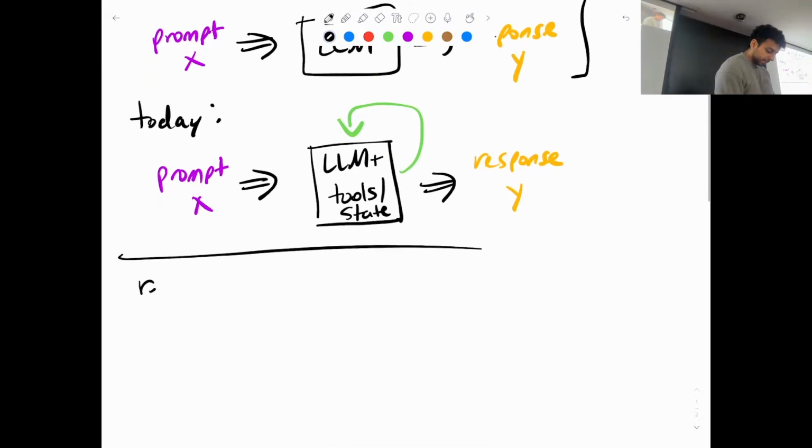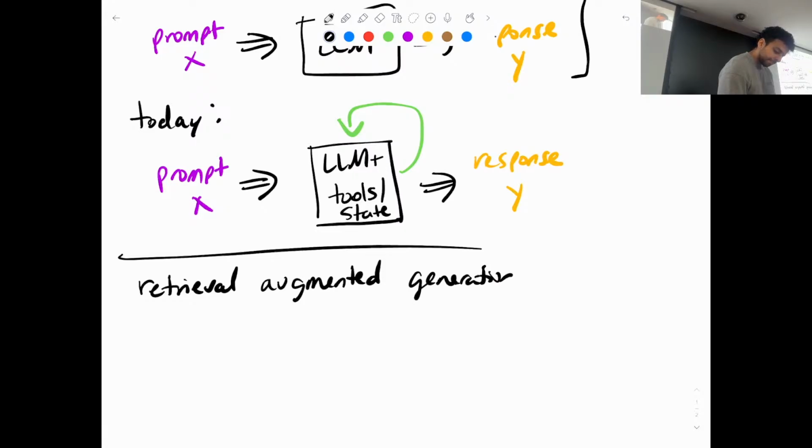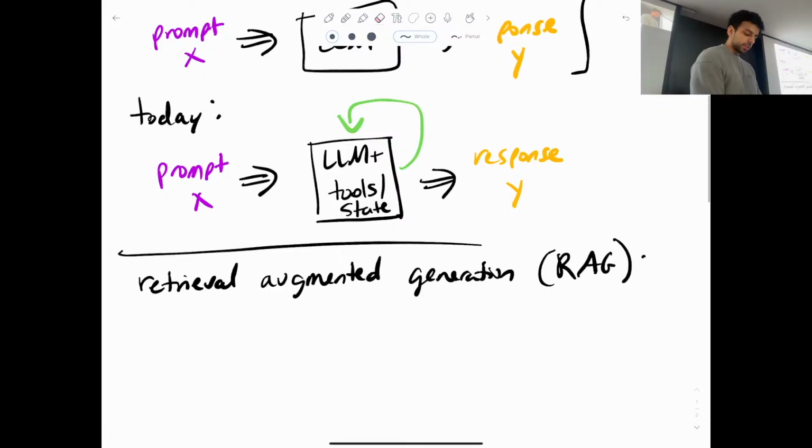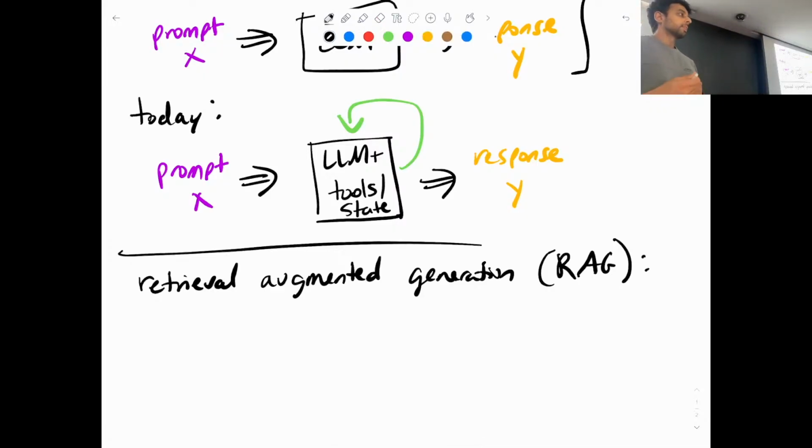The first thing we'll talk about here is called retrieval augmented generation, or RAG for short. This term was invented by people who were, I think, working at Facebook and later are now at Cohere.